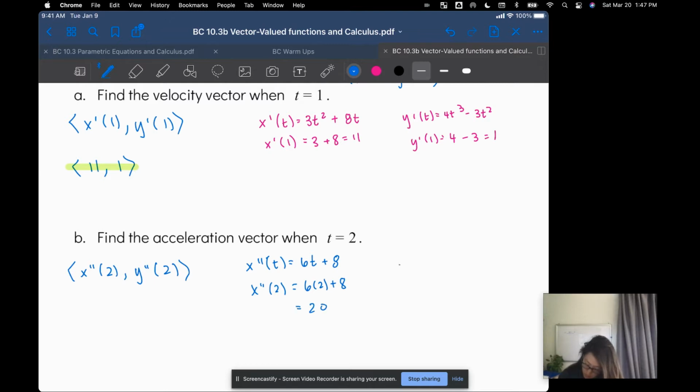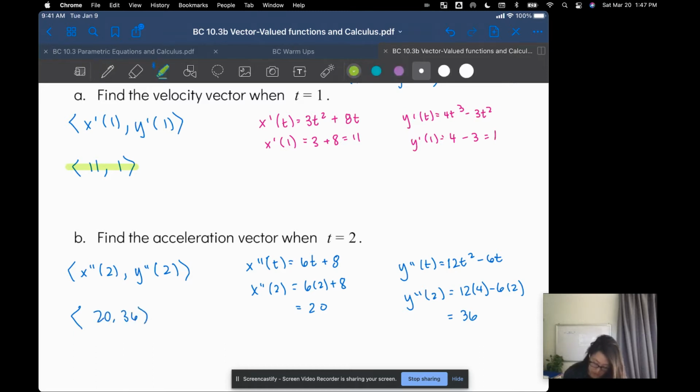And then y prime of t from above is 4t cubed minus 3t squared. The derivative of that would be 12t squared minus 6t. So y double prime of 2 is 12 times 4 minus 6 times 2, which gives me 36. So I get 20 comma 36 as the acceleration vector at time 2.